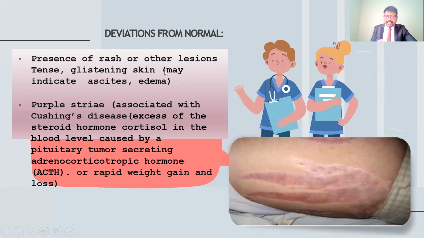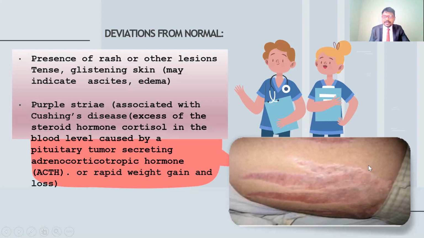There may be a shiny appearance in case of ascites or edema. The tummy is going to be shiny and distended. And also purple striae are associated with Cushing's disease. So you can see the purple striae. This is commonly seen if anybody has any hormonal imbalance, especially the steroid hormone cortisol, if the level of cortisol in the blood increases, because of any tumor in the pituitary gland, or any problem in the adrenocorticotropic hormone.